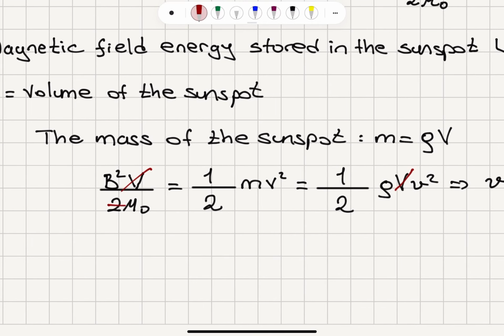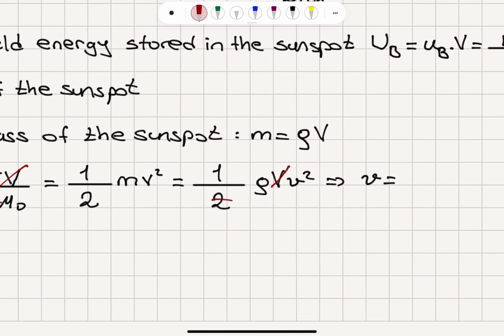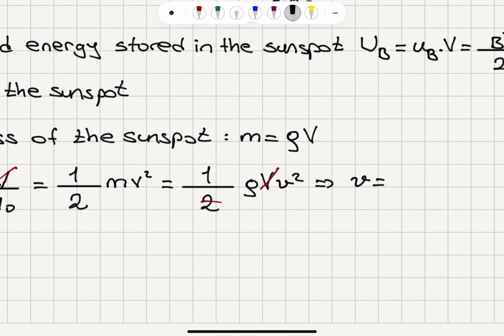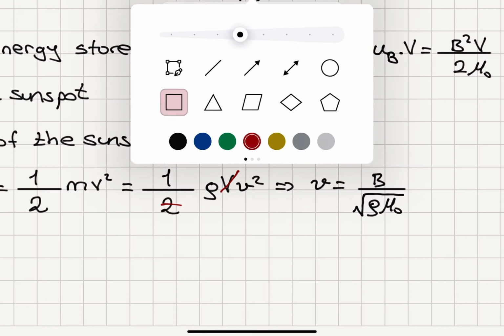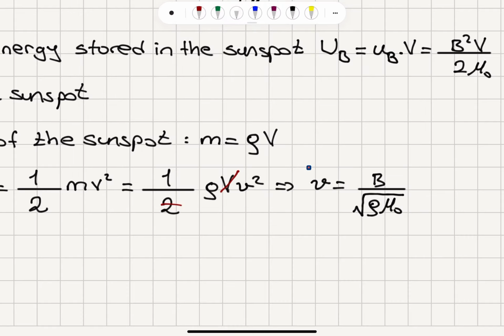Also, these 2's will disappear. Speed is square root of b squared over rho mu 0, or b divided by square root of rho mu 0. We're assuming the sunspot permeability is mu 0.